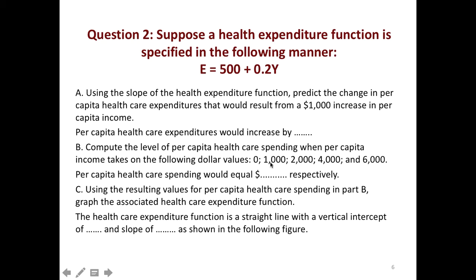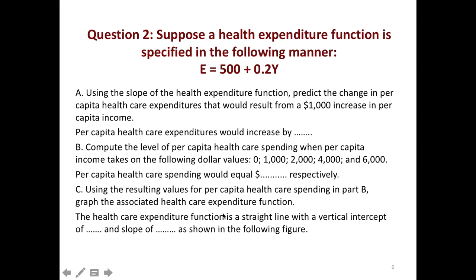For the second value, replacing y with 1,000, 0.2 times 1,000 is 200, plus 500 is going to give you 700, right? And basically so on.